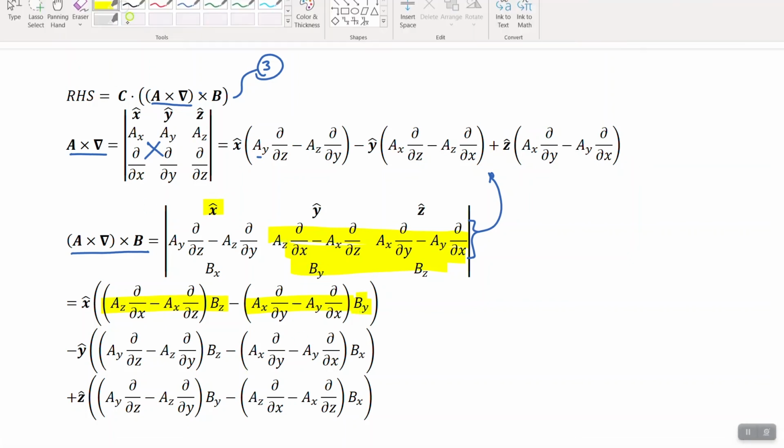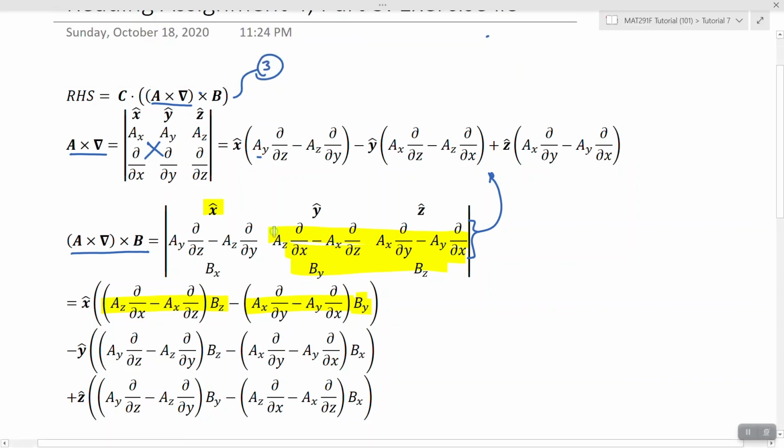And then same idea for y. So we have minus y hat and then the determinant of this matrix. So we have ay partial z minus az partial y applied to bz, minus ax partial y minus ay partial x bx right here.